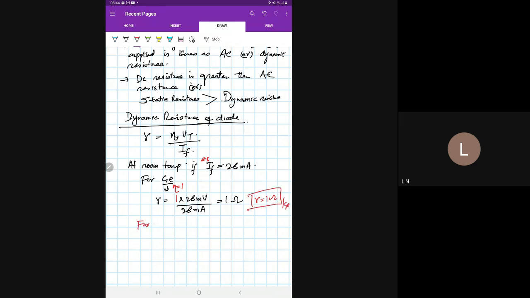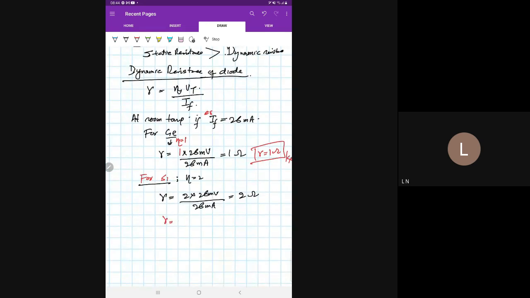And for the case of silicon, we know that eta is equal to 2, so r will be 2 into 26 millivolts divided by 26 milliamperes, which will be equal to 2 ohm. So for silicon, r will be equal to 2 ohm.